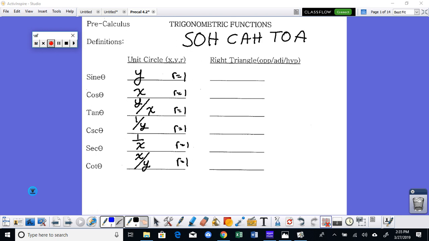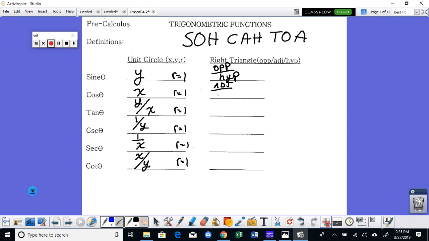Okay? If I am not dealing with the unit circle, I'm going to have to use my right triangle information. And sine is from SOHCAHTOA. Sine is opposite over hypotenuse. Cosine, CAH, is adjacent over hypotenuse.